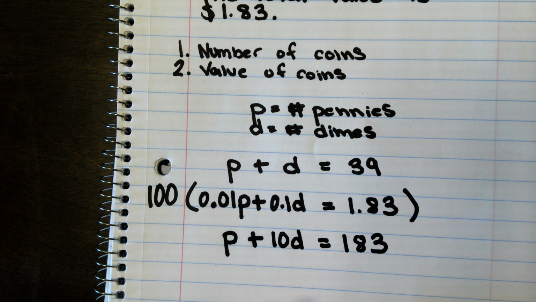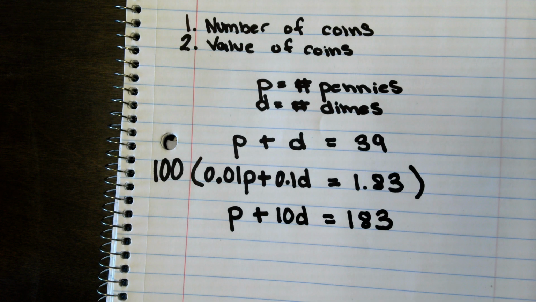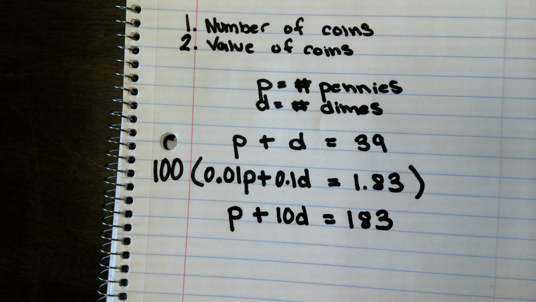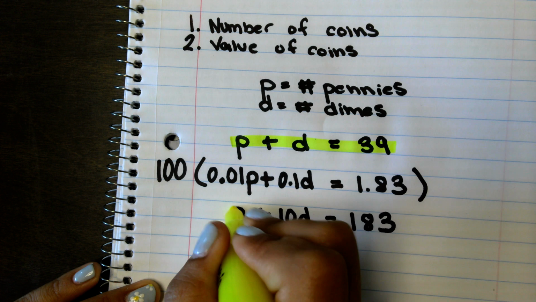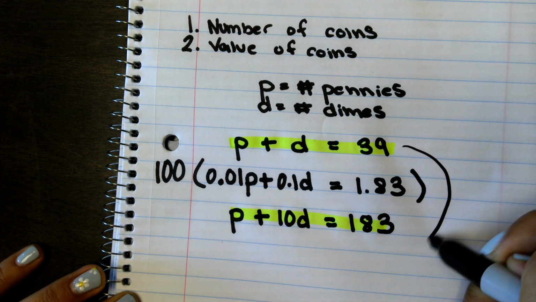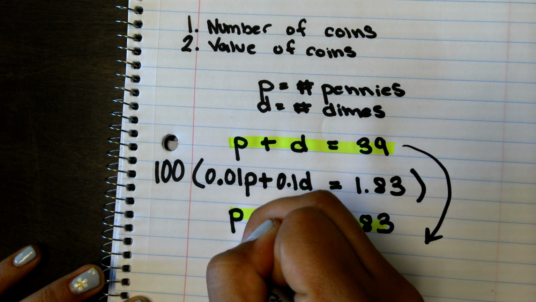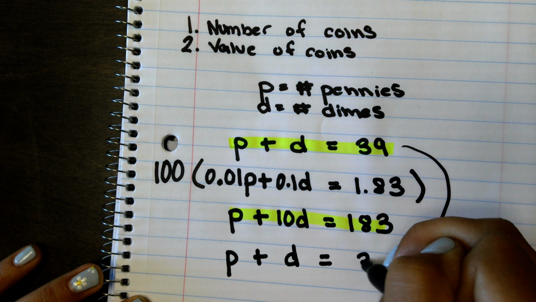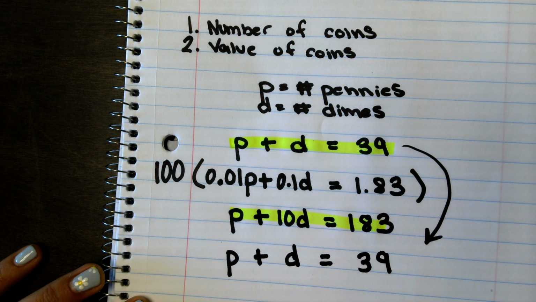So now we have two equations that are a little more friendly. They don't have all the decimal stuff. Okay, so our two equations are here and here. So I'm going to grab this equation and move it down, stack it on top of the other one, because I'm noticing, hey, these are in a good form for elimination.